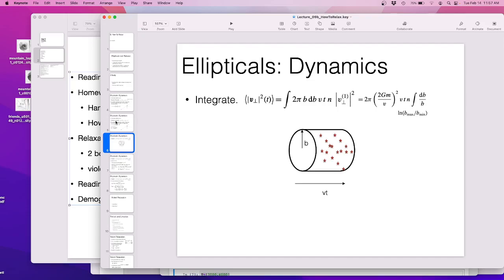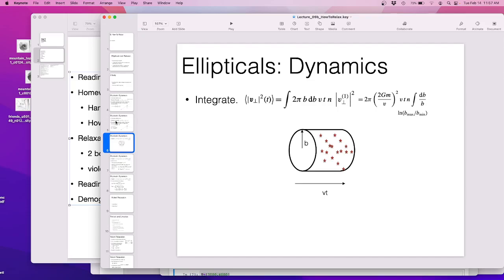And r goes from 0 to b, and my volume element is dz dr 2 pi r, times 2GM over vb squared.